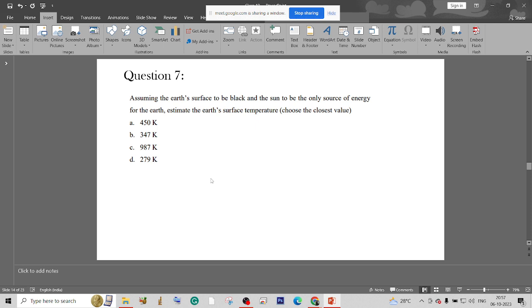the projection area. When it is projected on the Earth, it will be projected on only the circular surface cross section, right? Only this circular cross section, not on the whole sphere. So we'll be taking that area, and this will be equal to the energy emitted by Earth.